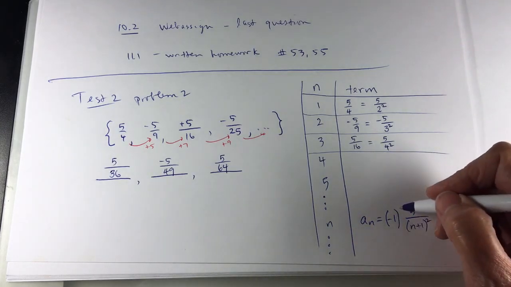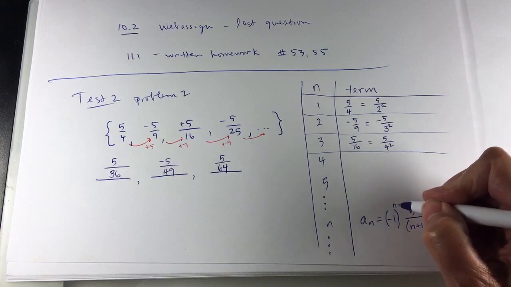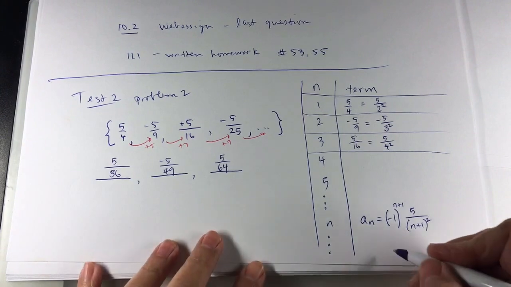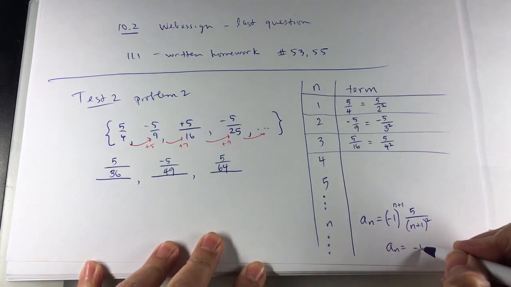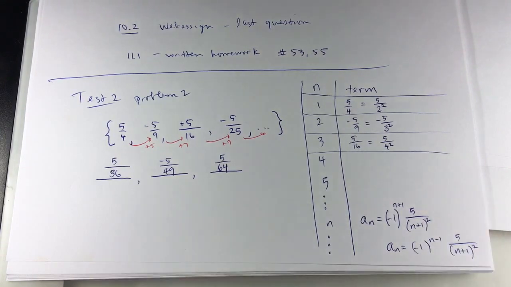So do I want negative 1 to the n? No. I want negative 1 to the n plus 1. Or you could write negative 1 to the n minus 1. They will both give you the correct sign, because they both would determine negative 1 being raised to an odd power to give me a negative, and negative 1 raised to an even power to give a positive.